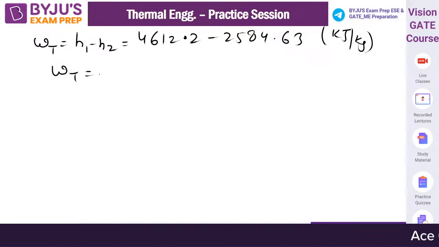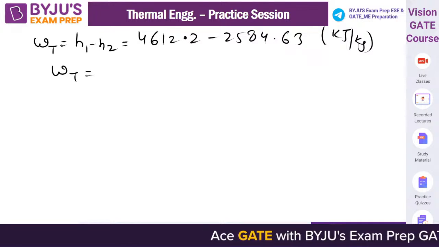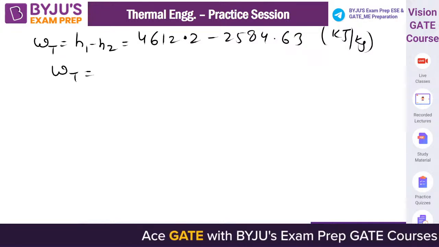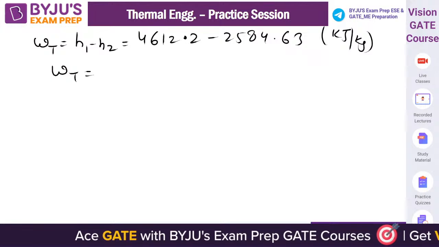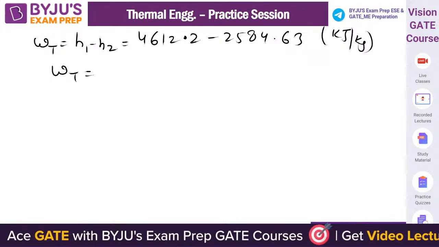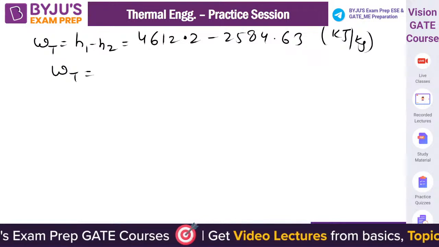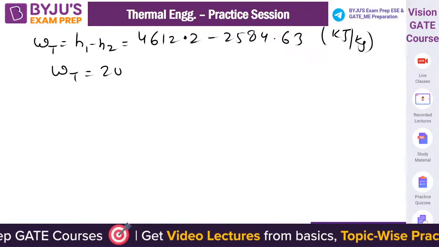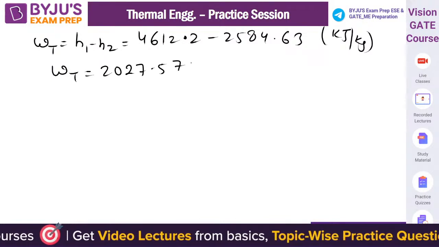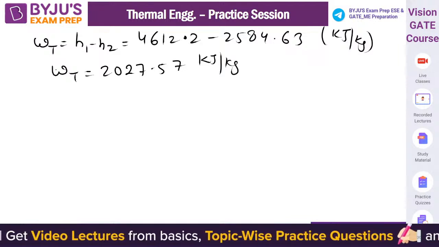If you know any other simple method, then please do share. It will be 2027.57. The turbine work will be equal to 2027.57 kilojoule per kg.